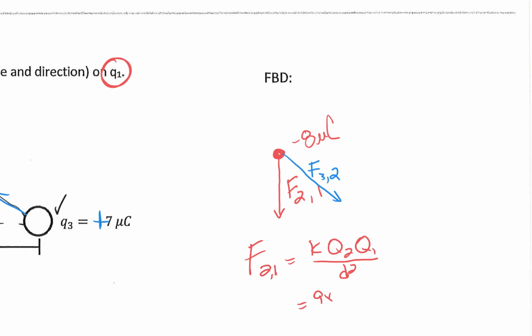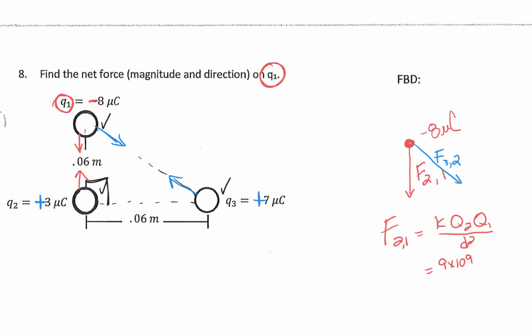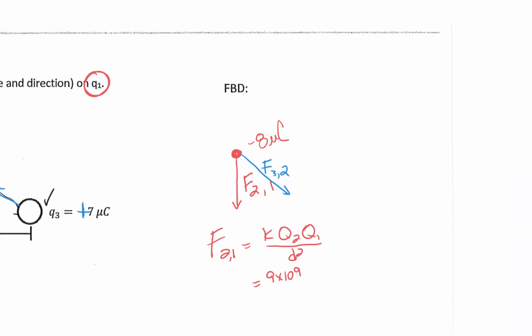So we would have 9 times 10 to the 9th multiplied by 8 times 10 to the negative 6th and 3 times 10 to the negative 6th. And the distance between them is 0.06 meters.